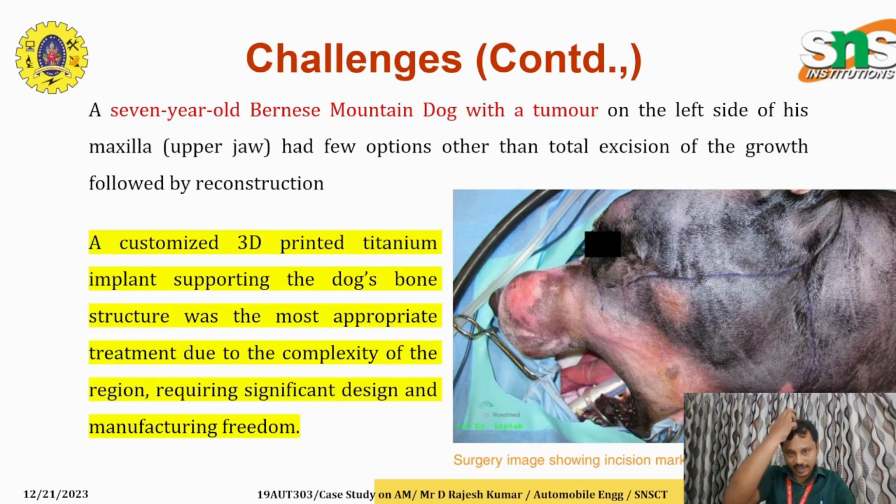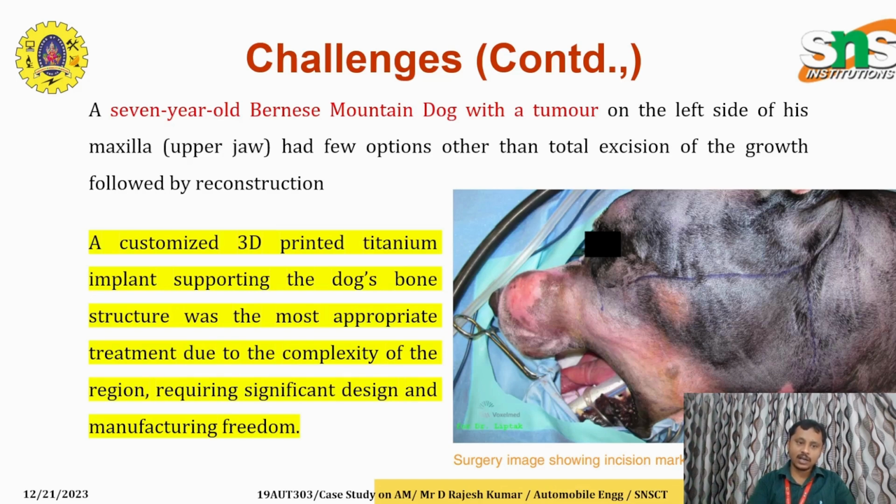A customized 3D printed titanium implant supporting the dog's bone structure was the most appropriate treatment due to the complexity of the region, as I told already. It requires significant design and manufacturing freedom, because we cannot use a standard size, for example an M12 nut, which is a standard size. In this case, that standard component cannot suit this dog.